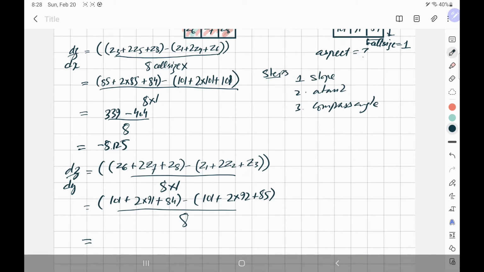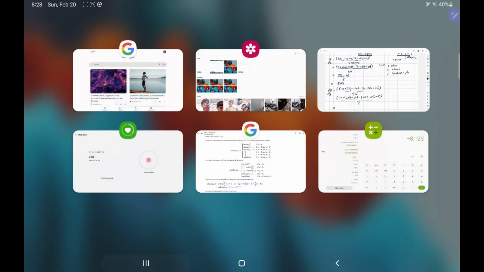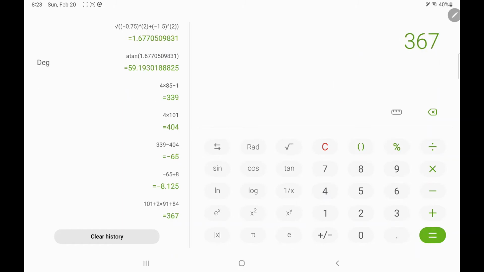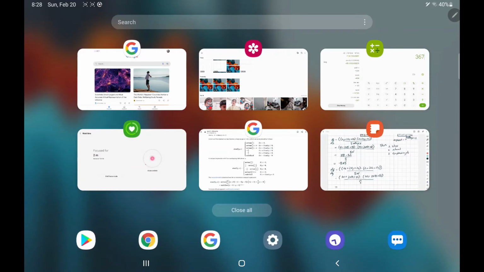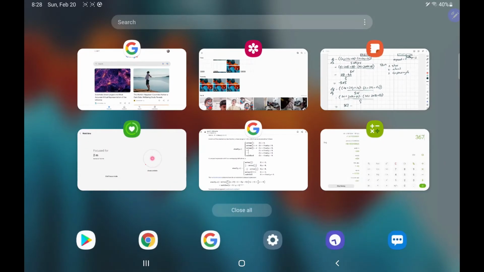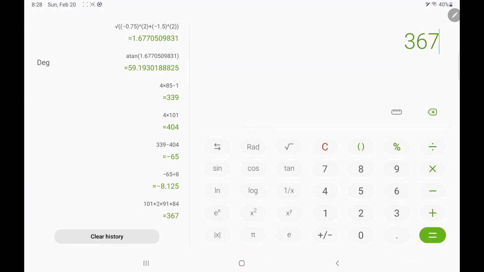So what is the value of the first component? 101 plus 2 times 91 plus 84, which is 367, minus (101 plus 2 times 92 plus 85), which is 370.